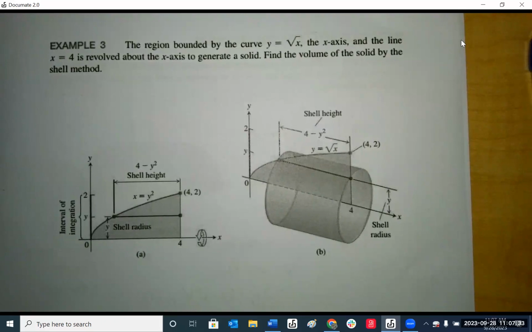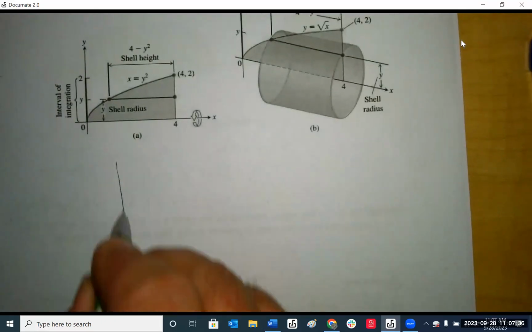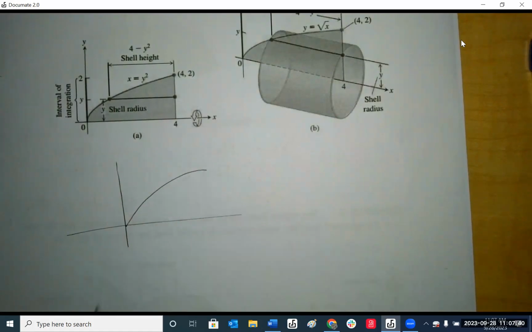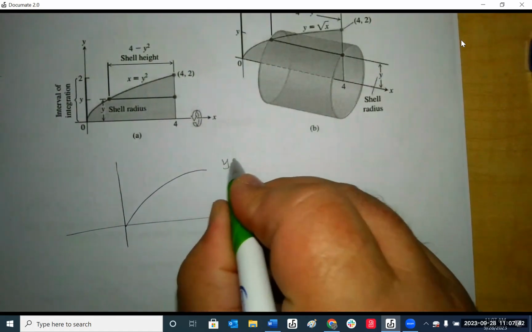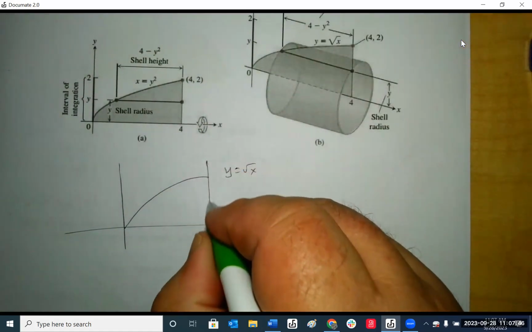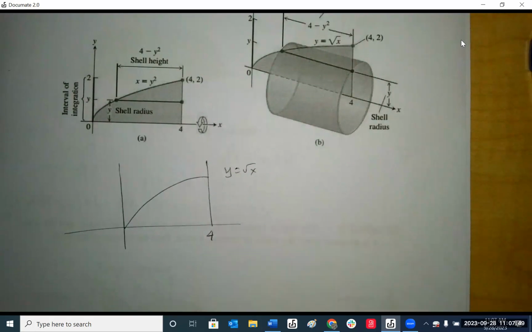So what do we have to do? Let's first look at what we have. Again, we have the function y equals radical x, and x equals 4. This is 0. This whole thing is revolving.